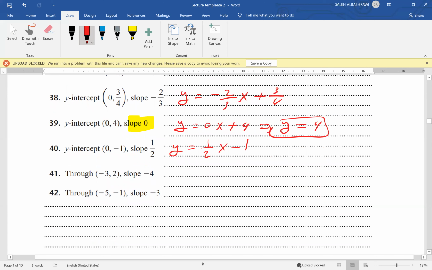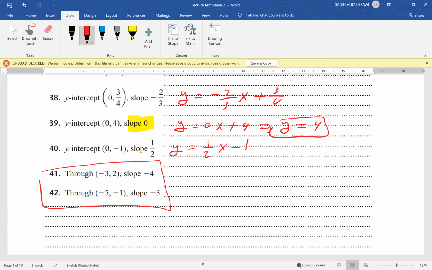For this one, we'll speak about it later on. If we are given the slope and a point, that will be the next part of this lecture: how to find the equation of a line if we are given the slope and a point, not the y-intercept. So we have to use the point-slope form to find the equation. This will be given in the coming part.